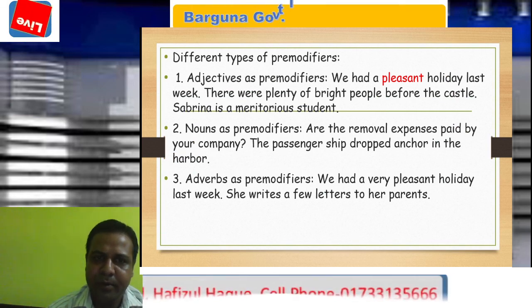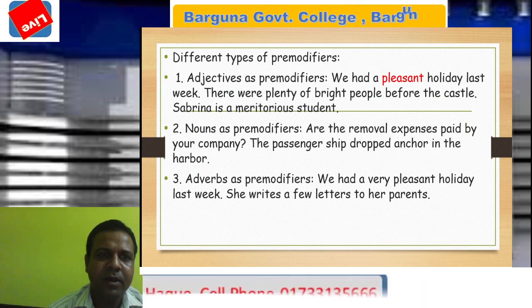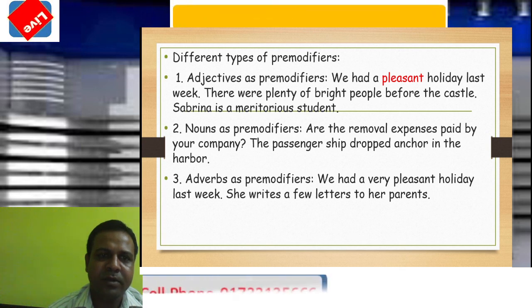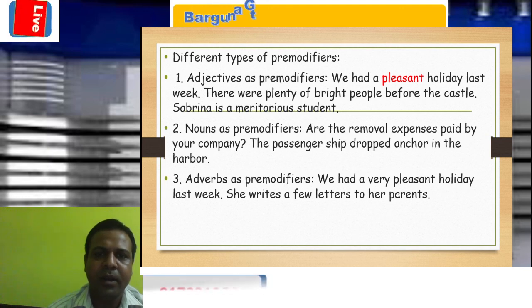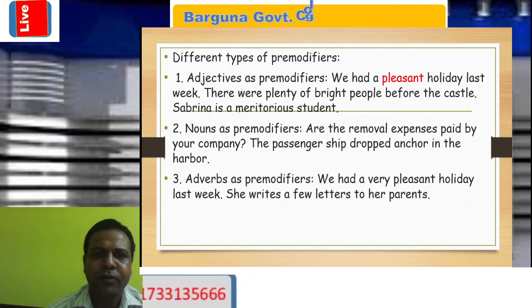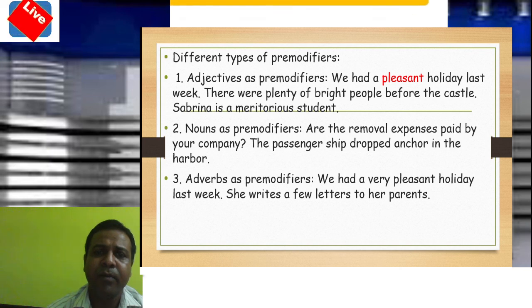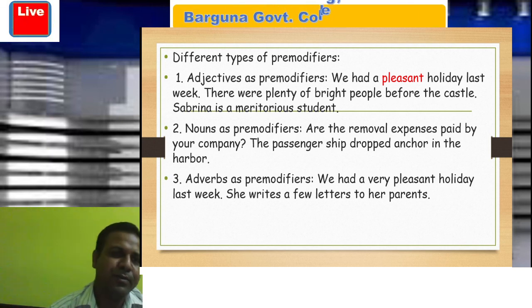Different types of pre-modifiers. Here we see some things like adjectives, nouns, and verbs are used as pre-modifiers. Number one, adjective as pre-modifier. You should give attention here. In 2 or 3 sentences we learn how adjectives can be used as pre-modifiers. In the first example, we had a pleasant holiday last week.